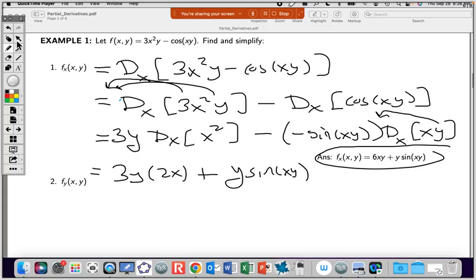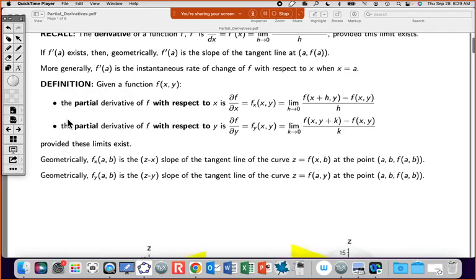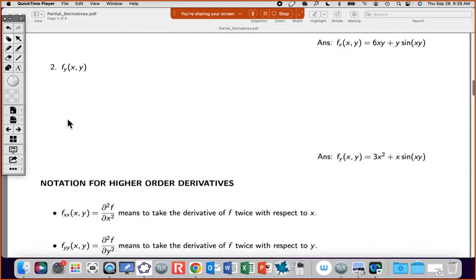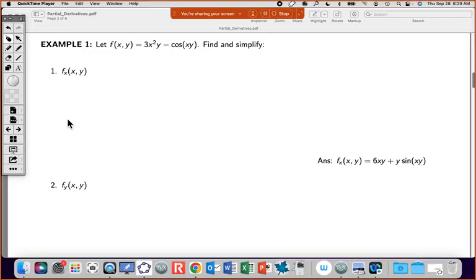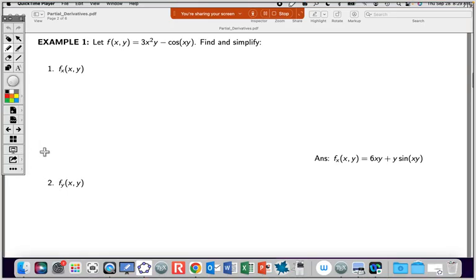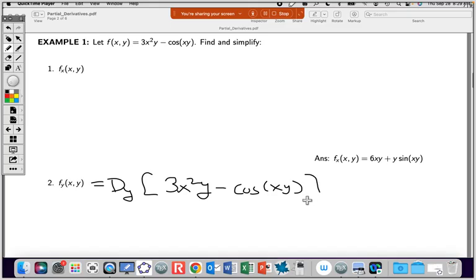Let's take a look at the next one here. Now we're looking for fy. So fy means we take the derivative with respect to y, treating x as a constant. So once again, all the derivative properties you know and love still apply.